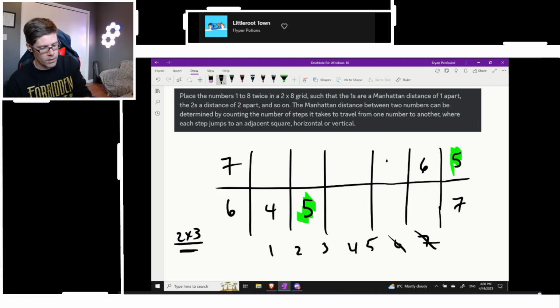Do these 4s work? I don't think so. You get the dreaded Z again, right?